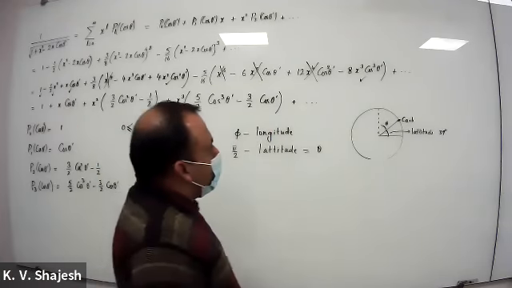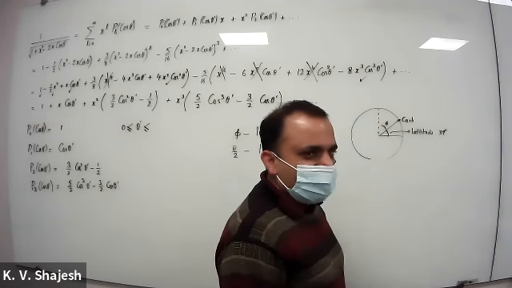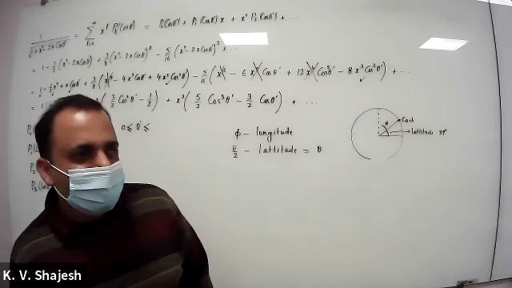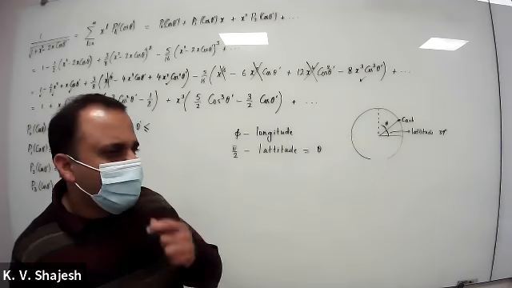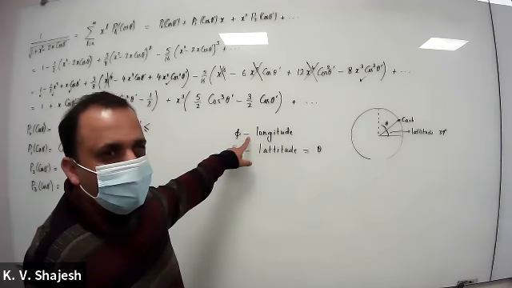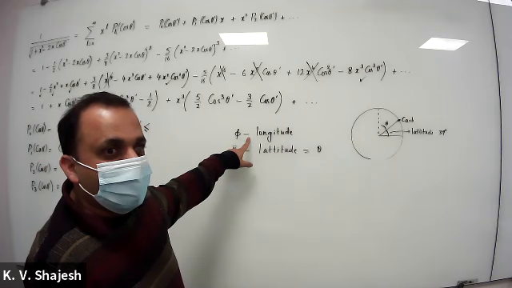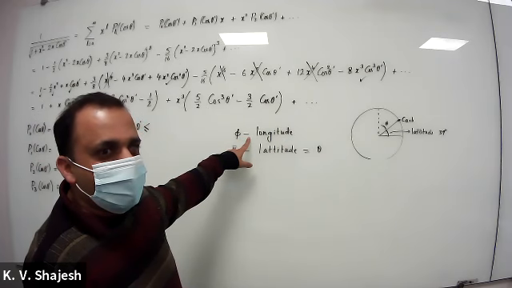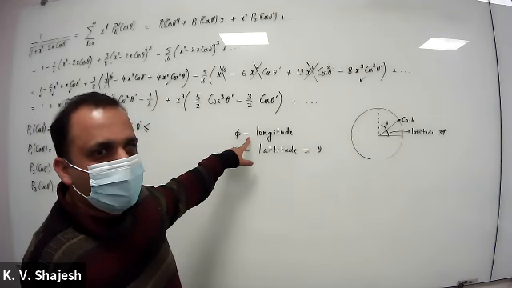And what is the longitude, by the way? Just guess, roughly. Where is phi equal to 0? The Greenwich, the prime meridian. Which city is it?